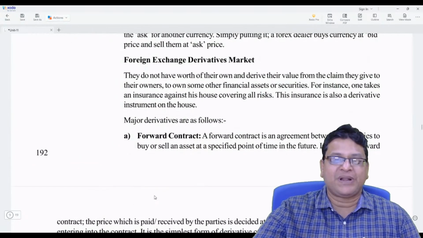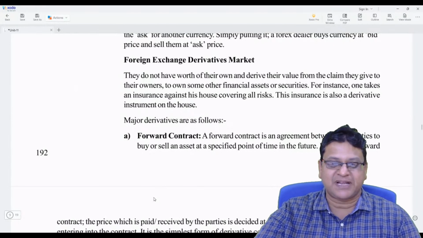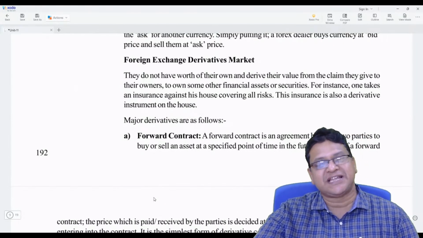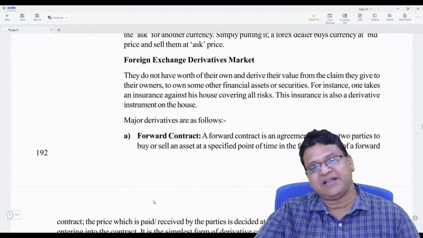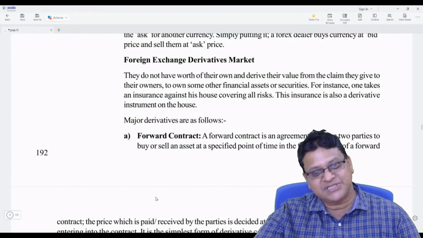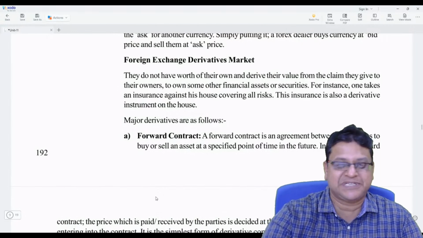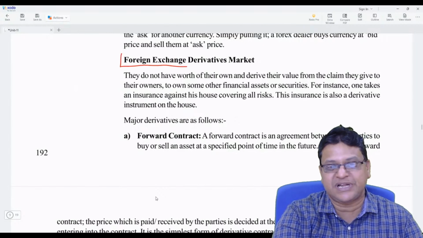Next, foreign exchange derivative market. We have discussed that forex market has two segments. One is spot segment, another is derivative segment. What is spot segment? In spot segment, transactions and settlement are done simultaneously and immediately on 2+2 basis. But in derivative segment, the transactions are settled on a future date.